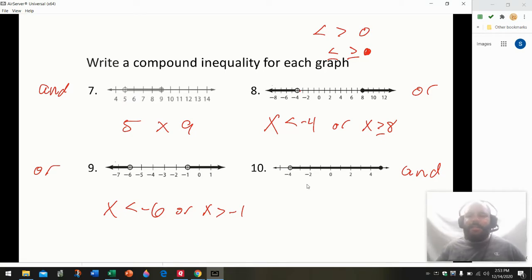The last thing to do is to put in your signs, and the signs here are always going to be less than or equal to. And how do you know the difference? Well, when it's an open dot, it's going to be a less than, and when it's a solid dot, it's a less than or equal to. And so what you end up with is 5 is less than X, which is less than or equal to 9.